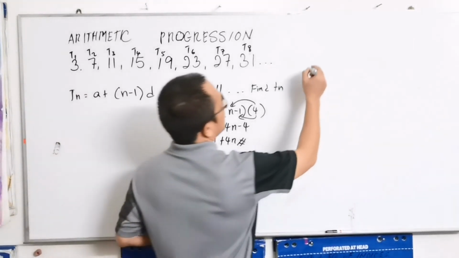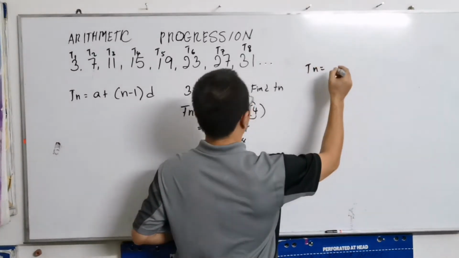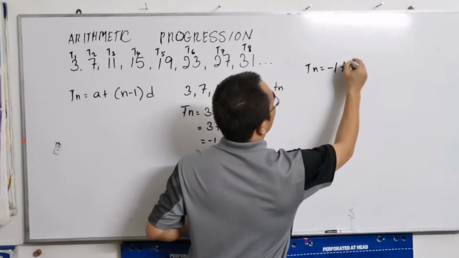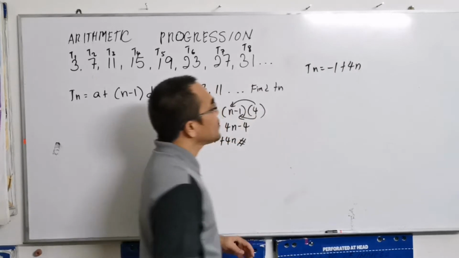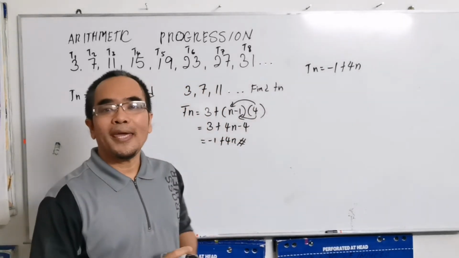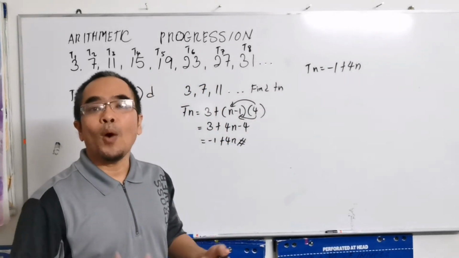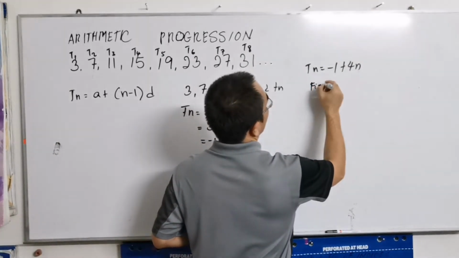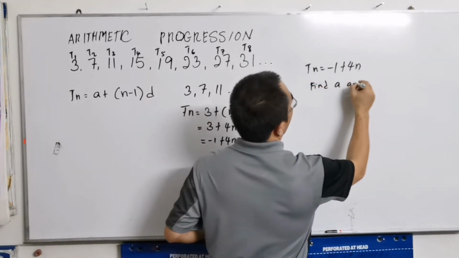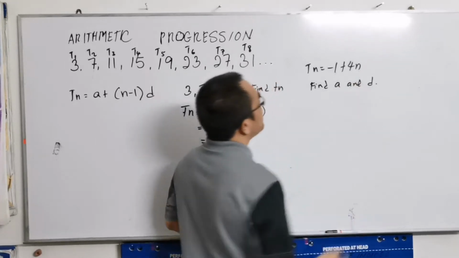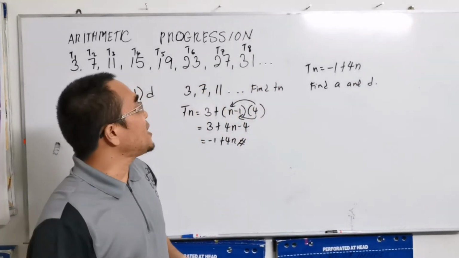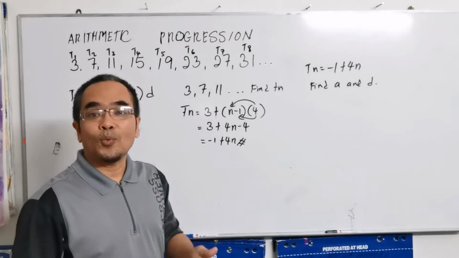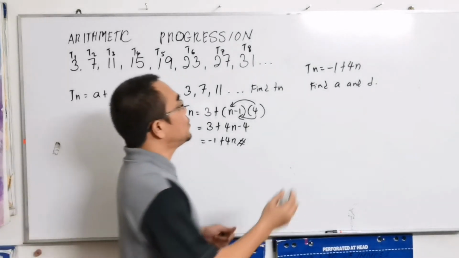Tn equals negative 1 plus 4n, then asking you to find A and D. What we do is we just replace n as 1 and n as 2.